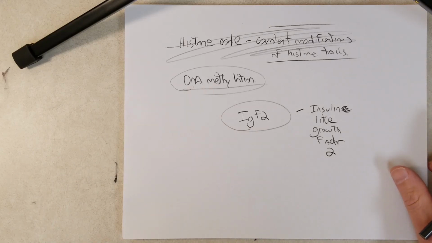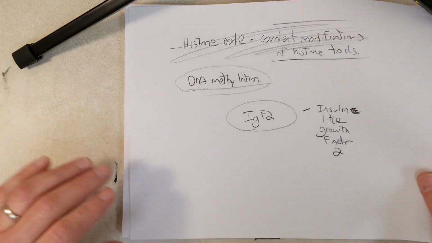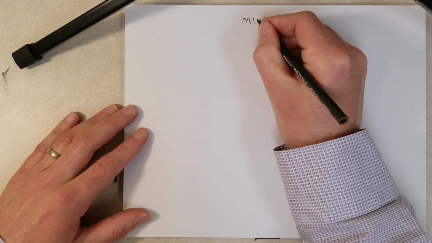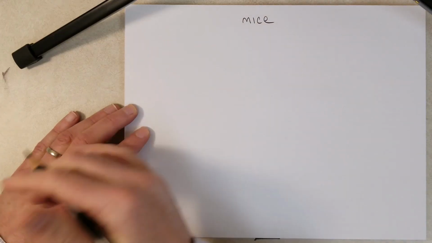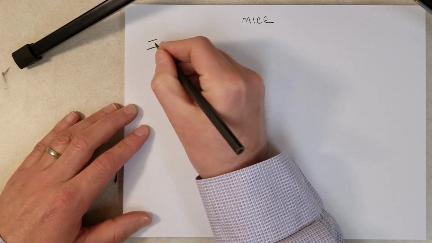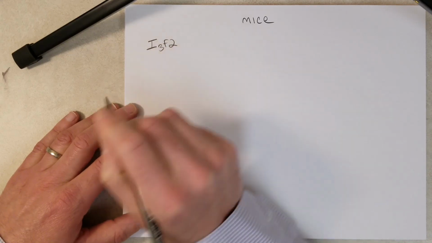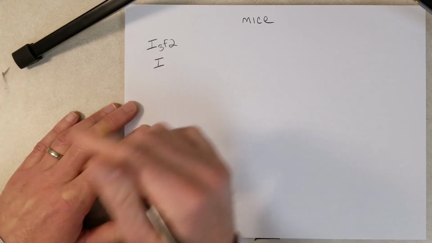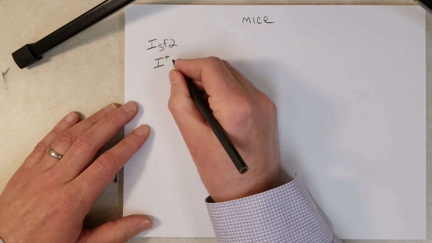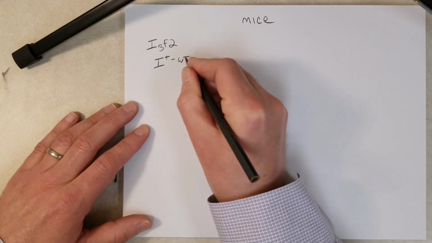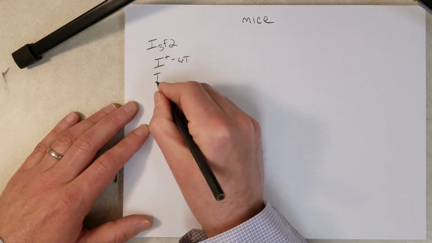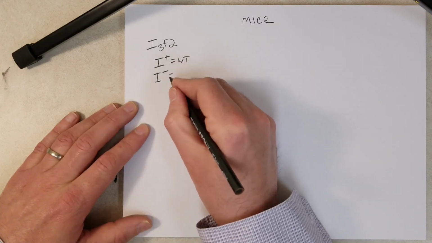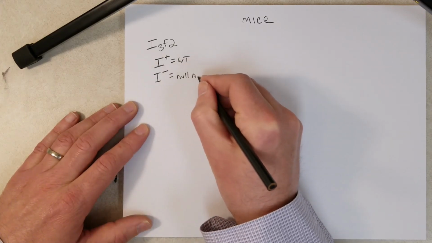Not all, I'm sure, but most. So now, okay, let's look at mice, and we are going to talk about this gene. Instead of calling it IGF-2, I'm going to make things easy on myself and just label it I. So the wild type allele I'm going to label I plus, and a mutant allele I'll label I minus. And so I minus will be a null allele, so not functional.